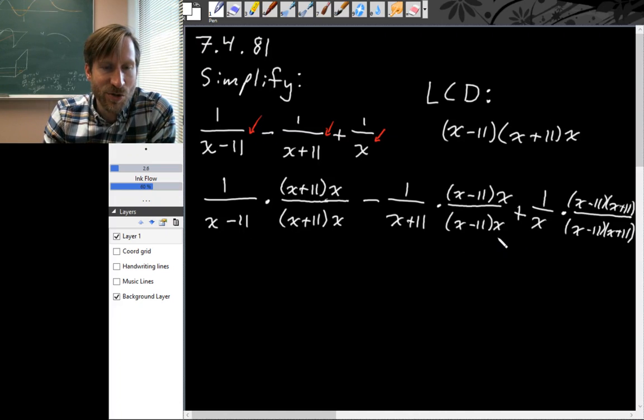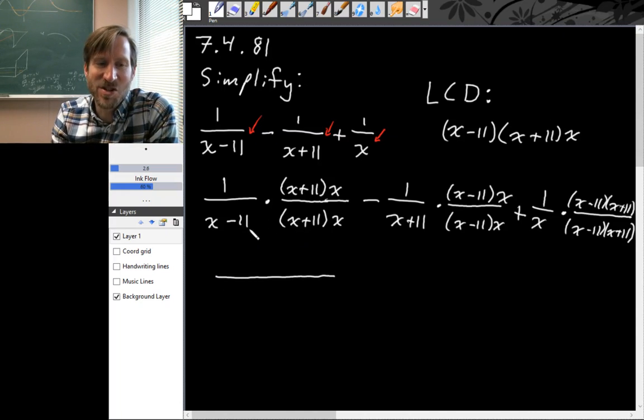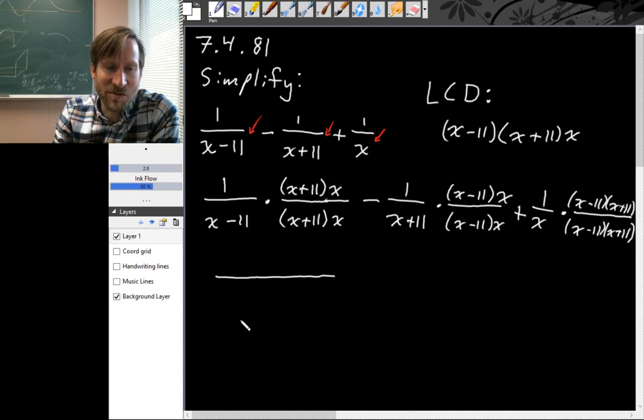Now we need to multiply these fractions together in each term. In the denominators, we don't really need to multiply them out. We need to combine these denominators, but we don't need to do the polynomial multiplication that results.